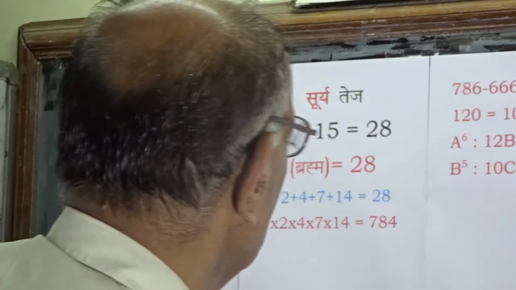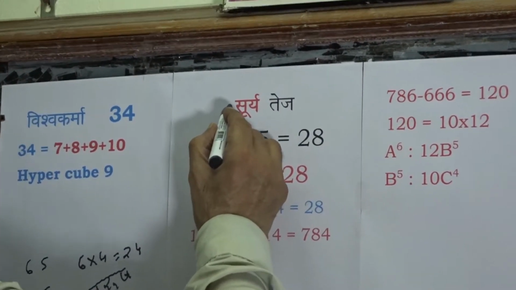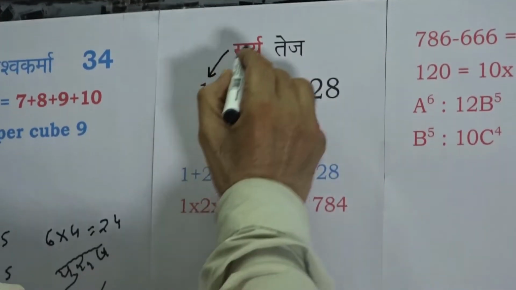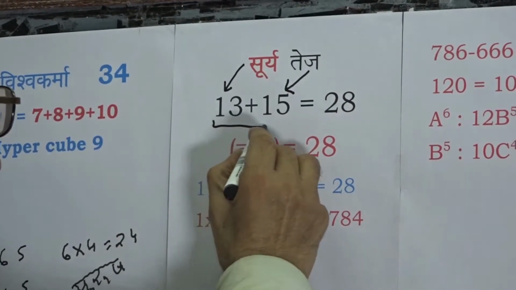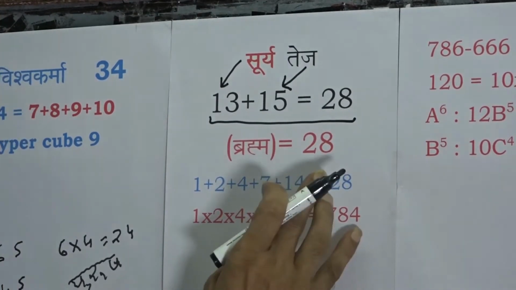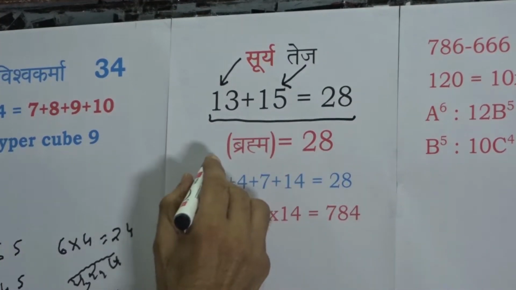So Surya is having TC value 13, Tej is having TC value 15. It takes us to value 28, and this value 28 is the value of Brahm.